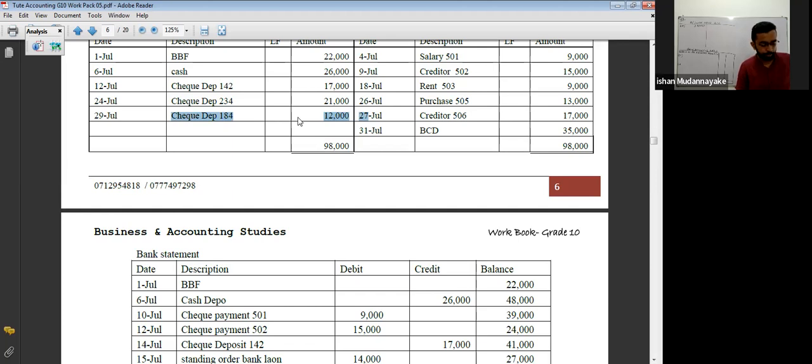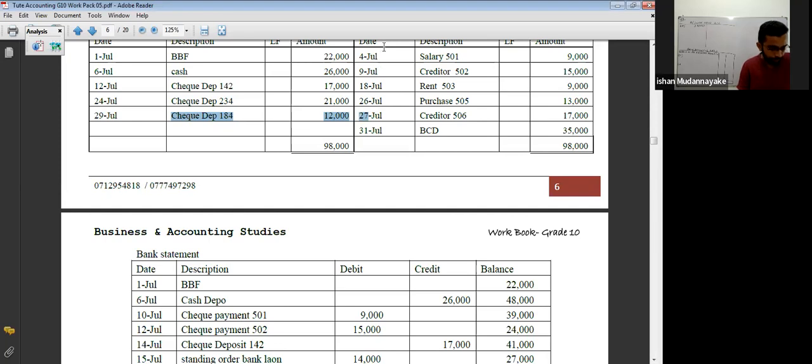In the bank reconciliation statement, yes, in the bank reconciliation.